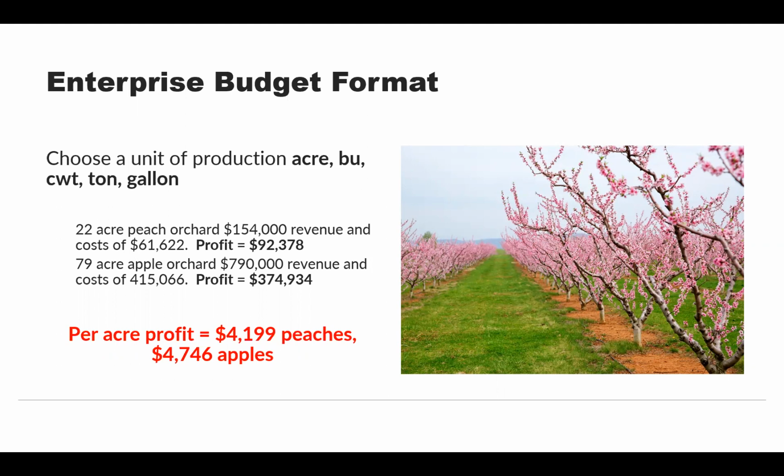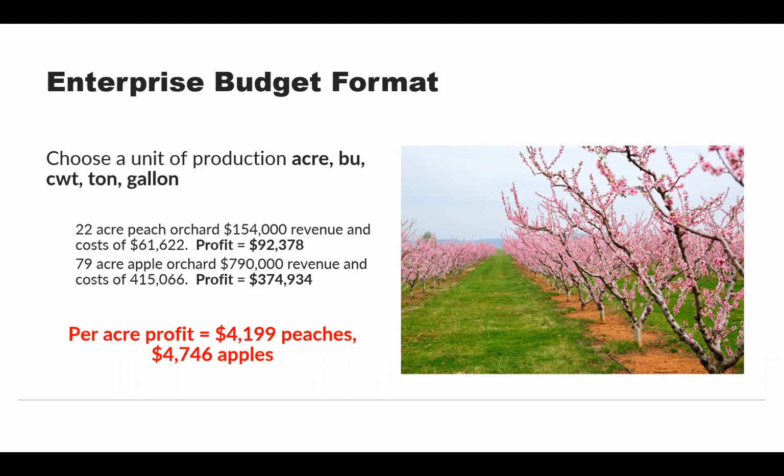So if you've got one crop that's sold per bushel and one that's sold per hundredweight, at least if you both do the returns per acre, that gives you a sense of that. If your focus is your return on your land investment, then a per acre comparison makes some sense.